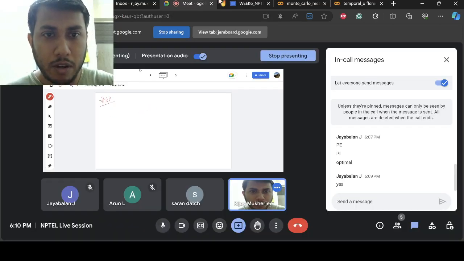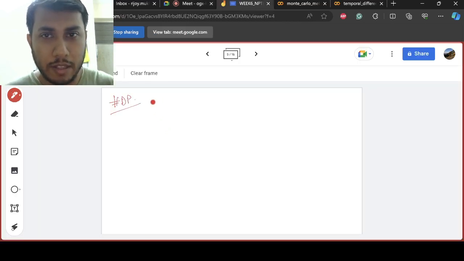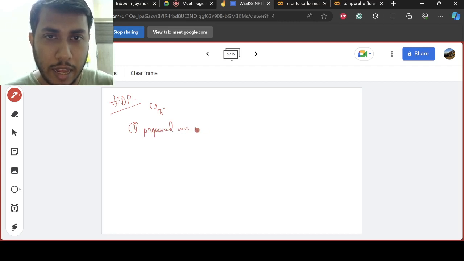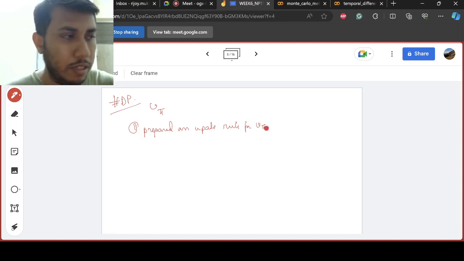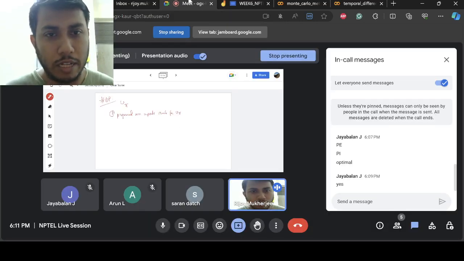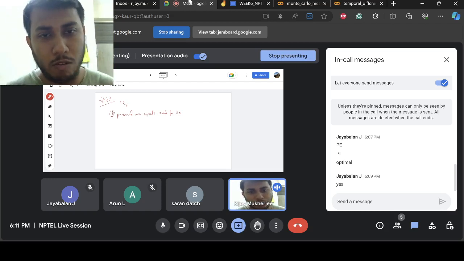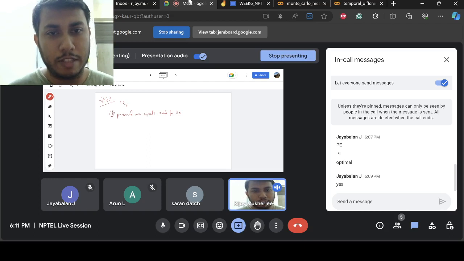So in DP, we were given a policy pi. You are given a v pi, right? We prepared an update rule for v pi, right? We saw how we are replacing the value from the previous iteration, previous state to the new state, right?